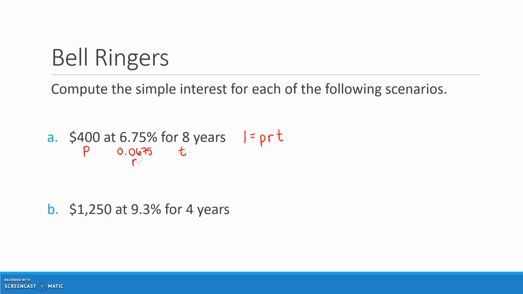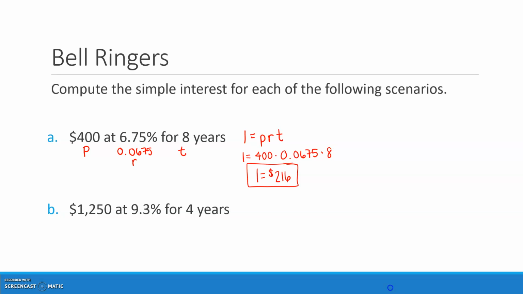So we've got our P, R, and T. I equals $400 times 0.0675 times 8. When we multiply all those things together, we will get $216. So the interest is $216.